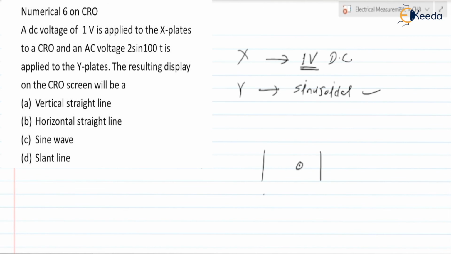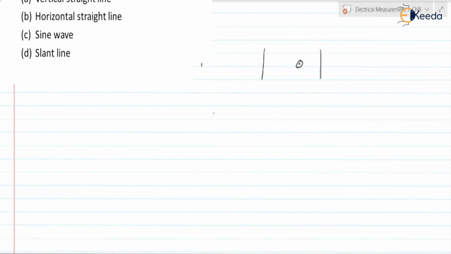If we observe the waveform on the screen, it will be like this. As the horizontal position is the same, the only change is vertical. Suppose time t and this is the signal, for example. At t equal to 0 the position will be here, and for different times t it will be like this.